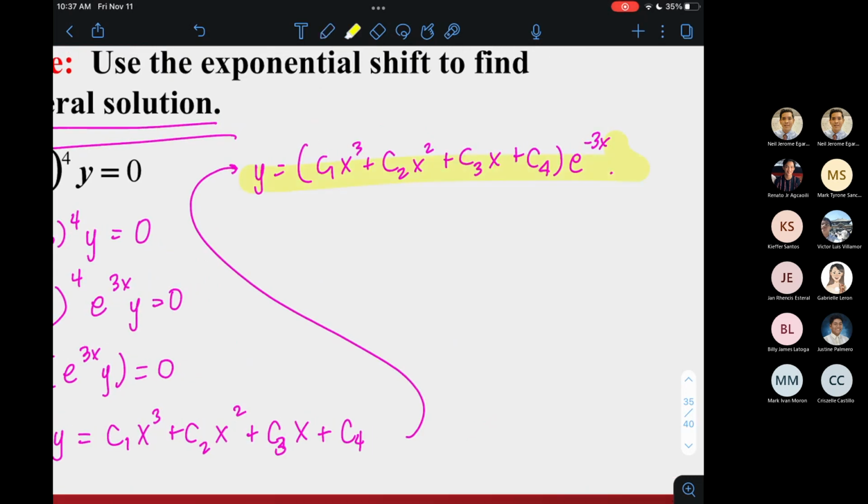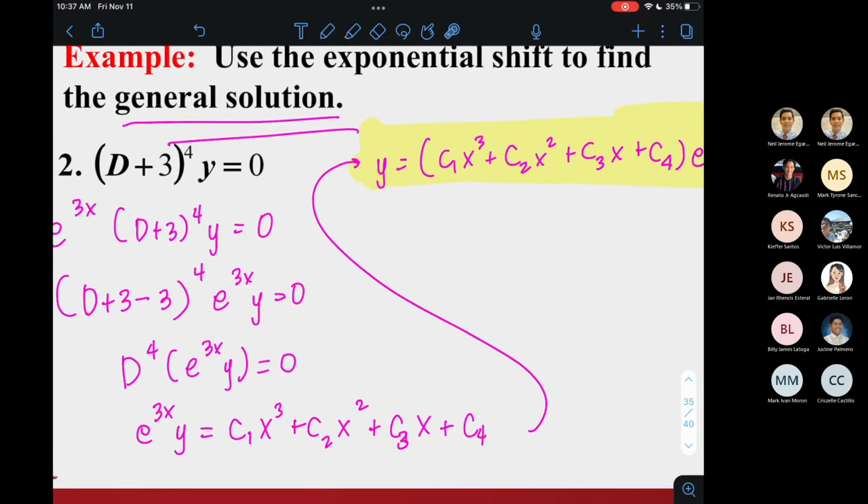That means lahat ng solution, ganito dapat yung itsura. There are no other solutions other than those that can be written as a cubic function times e to the negative 3x, where c1, c2, c3, and c4 are arbitrary constants. So kahit anong function na ganito yung itsura, cubic times e to the negative 3x, will be a solution to this GLDE.